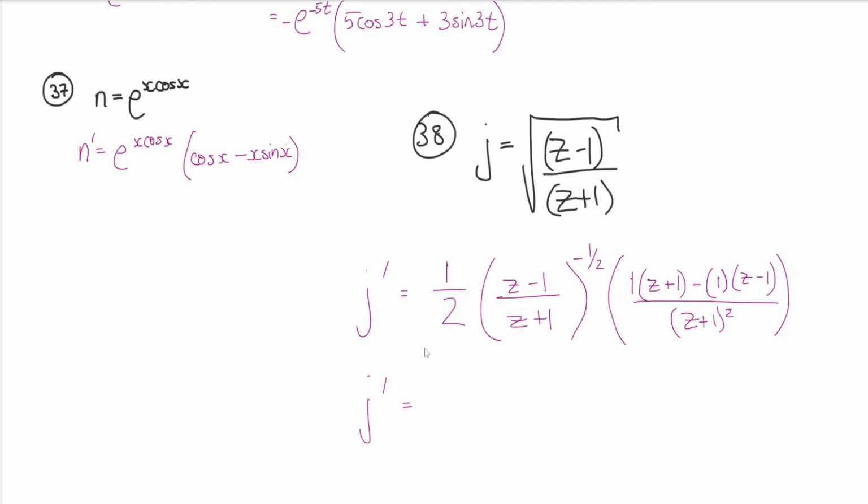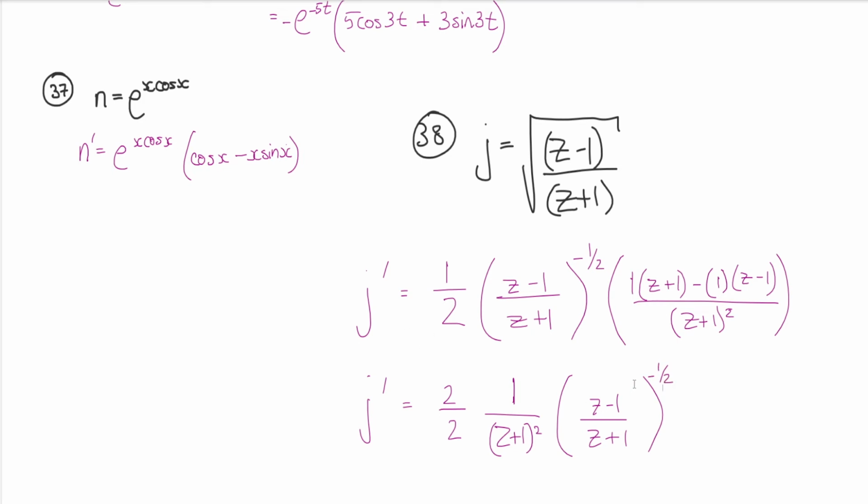So we end up with 2 over 2, which will cancel. And we'll end up with a 1 over z plus 1 squared. And we'll end up with z minus 1 over z plus 1 to the negative 1/2.